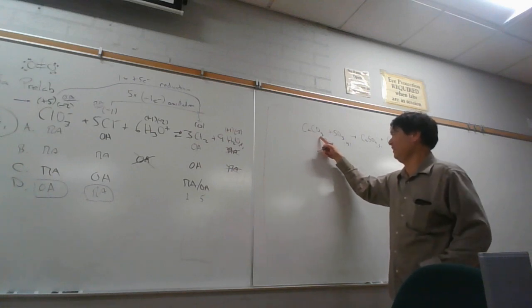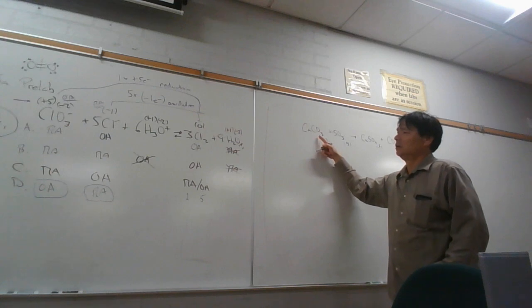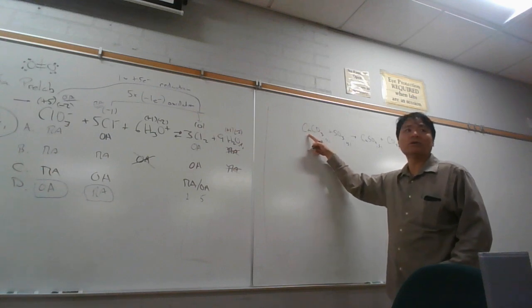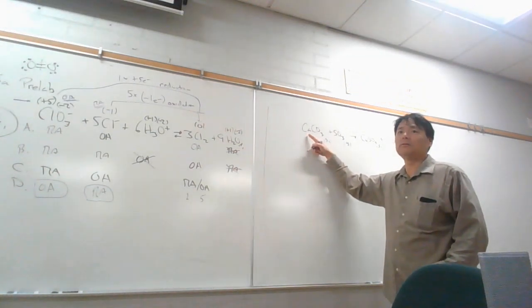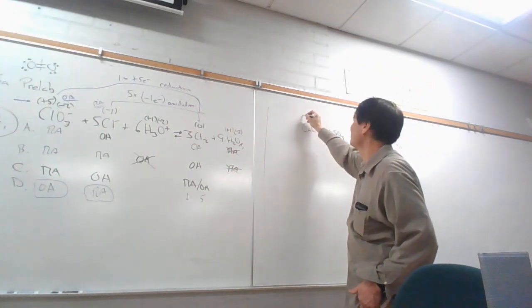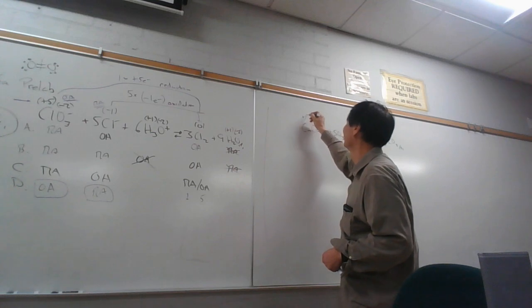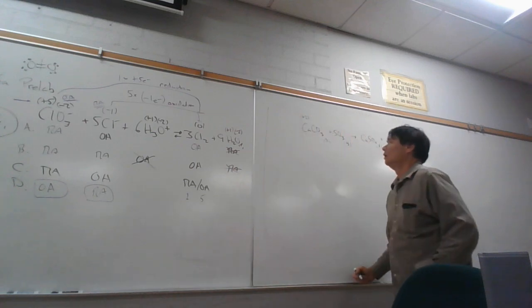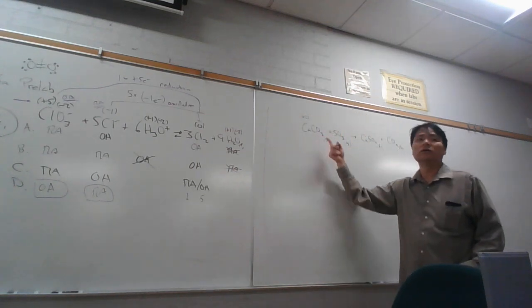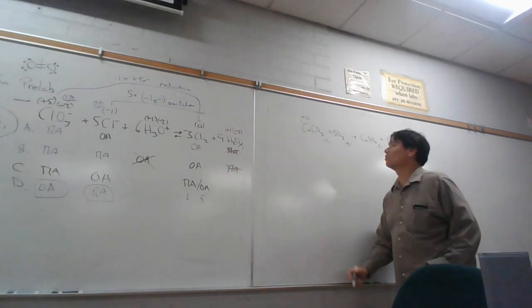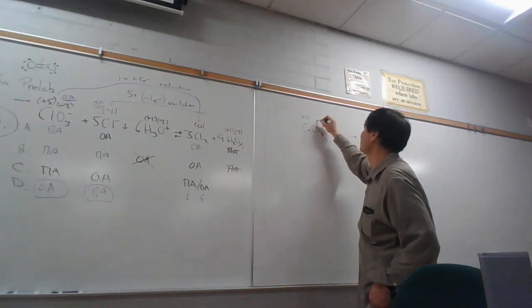Calcium, carbon, or oxygen: which one goes first? Well, calcium only has one charge, and that would be +2. Then carbon versus oxygen: who goes first? Oxygen is more electronegative, so it's going to go at -2.